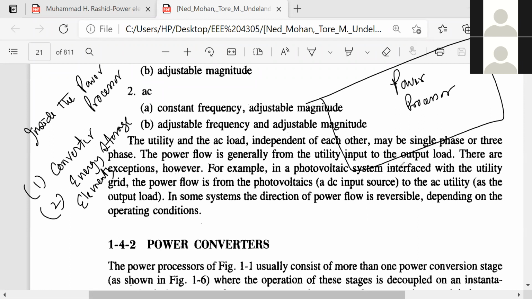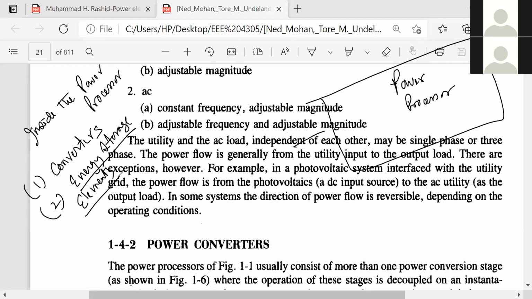If I ask you what the components of the power processor are, you must say that there could be a single converter or a number of converters, and there could be some energy storage elements.